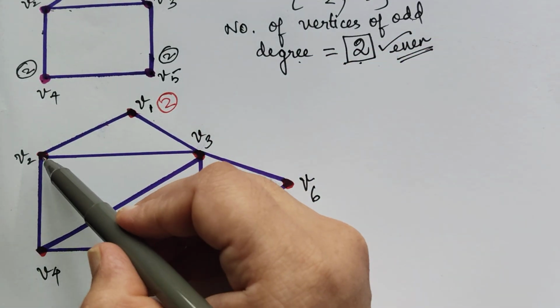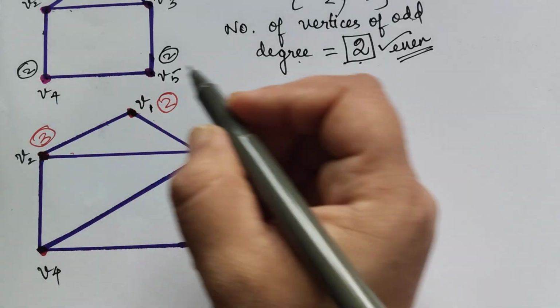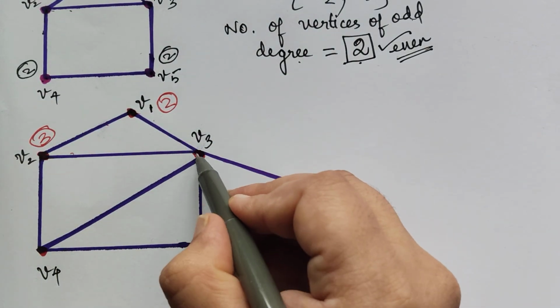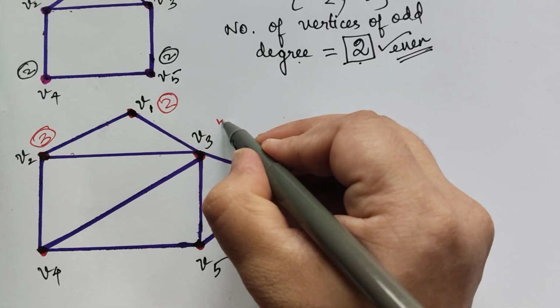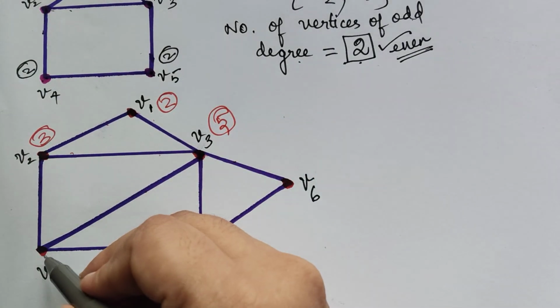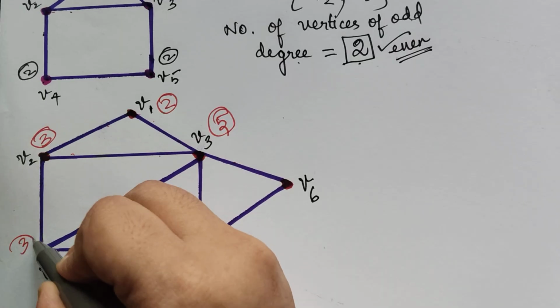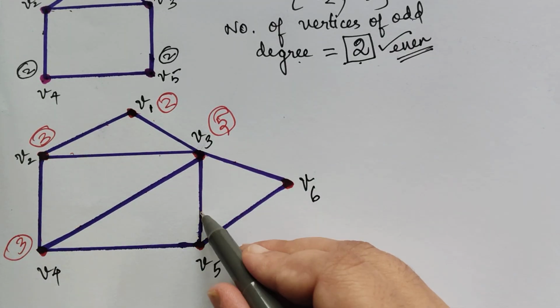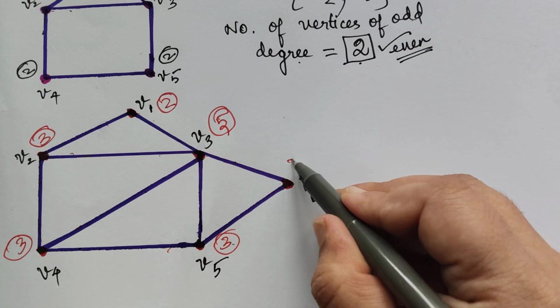What about the degree of V2? It is 3. Degree of V3 is 5. What about the degree of V4? It is 3. Degree of V5 is 3. And degree of V6 is 2.